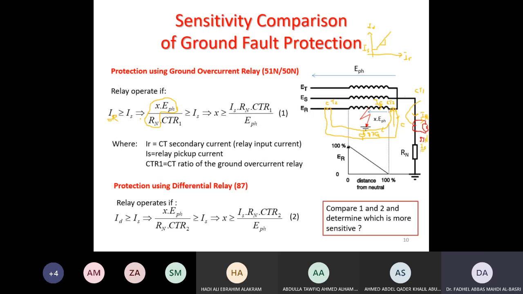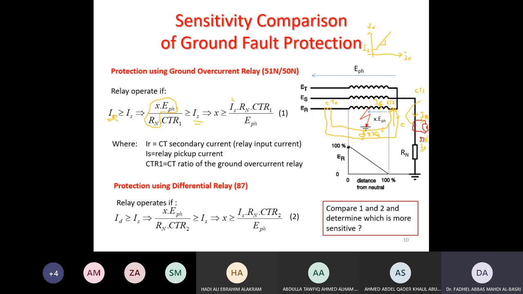So this is the fault current that goes to the relay. If this fault current is greater than the setting of this relay, it operates. From which I can find that X unknown is equal to IS times this divided by this. So this is the first relationship I would like to see.